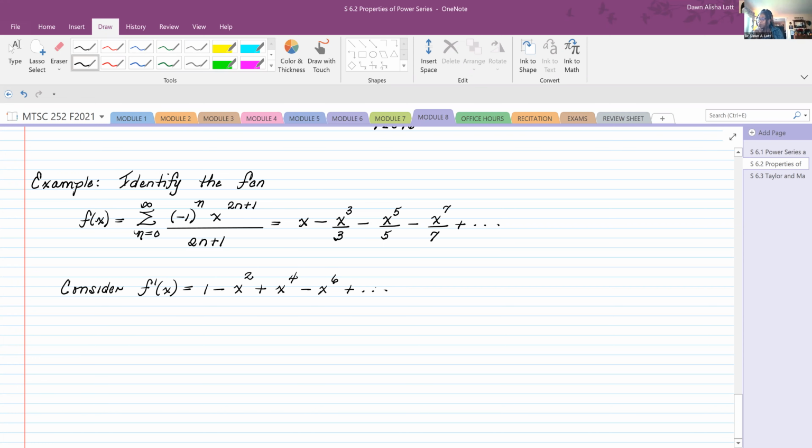That looks a little familiar. I can even write that as f prime of x is the sum n equals 0 to infinity of -1 to the n times, well, I'll write it like the opposite, negative x to the 2n.